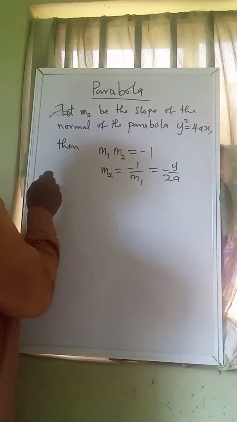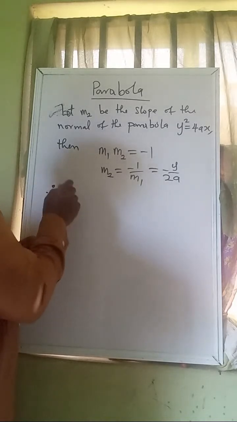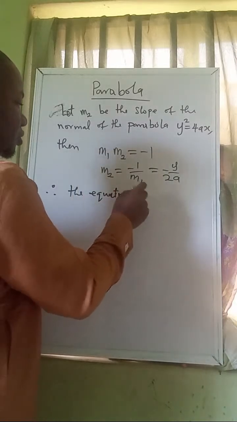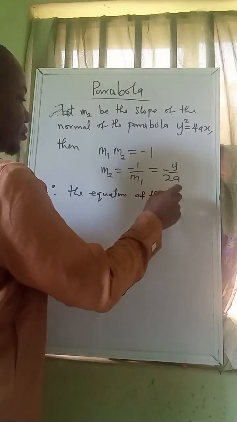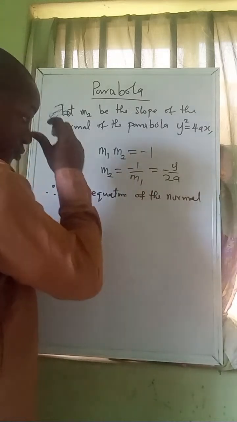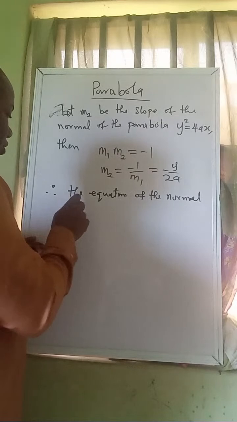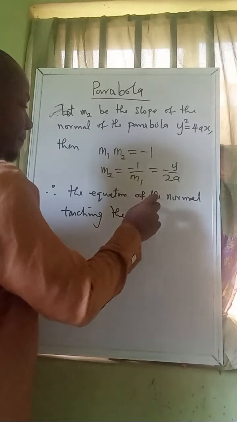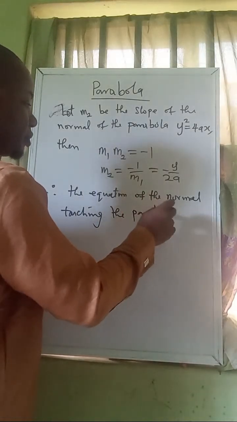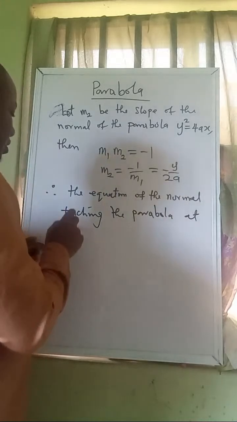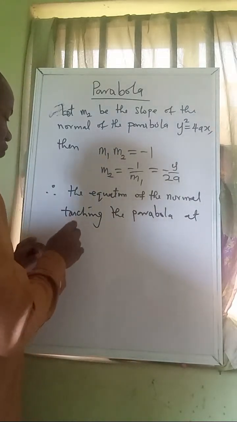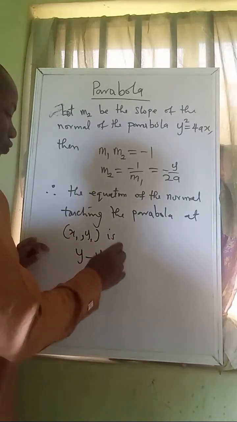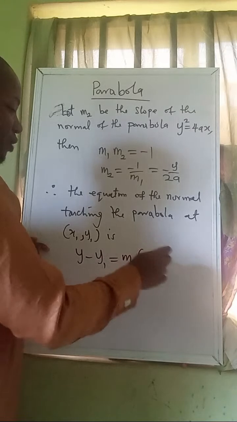Therefore, the equation of the normal touching the parabola at x1, y1 will be given as y minus y1 equals m2 times x minus x1.